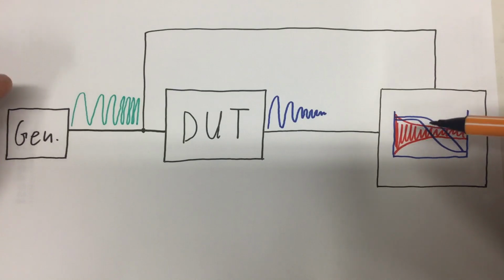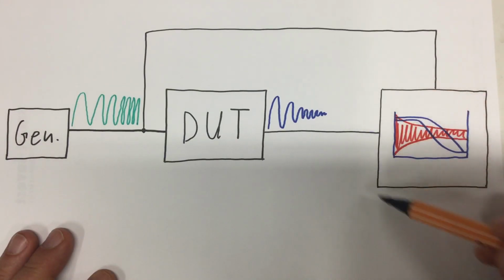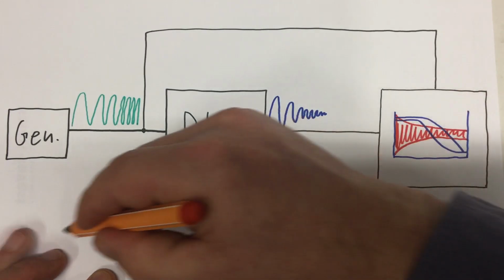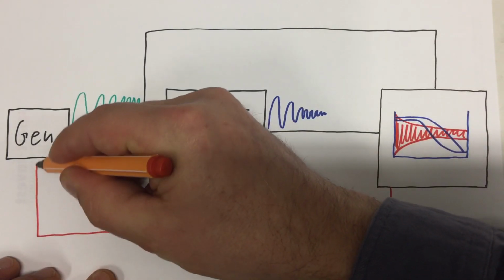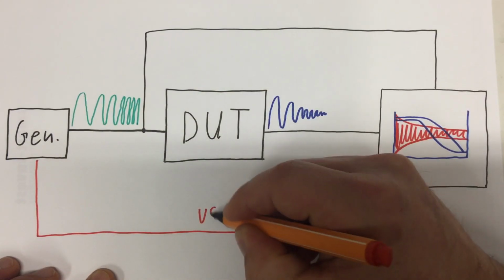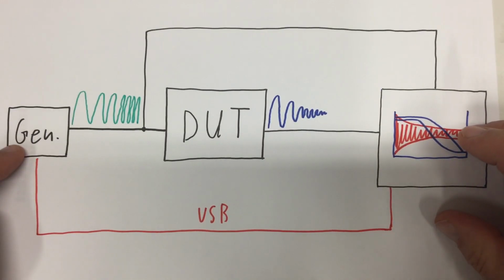And I should mention at this point, there are of course special devices that make such Bode plots, and at least I know Siglent has oscilloscopes that communicate over USB with a Siglent signal generator.